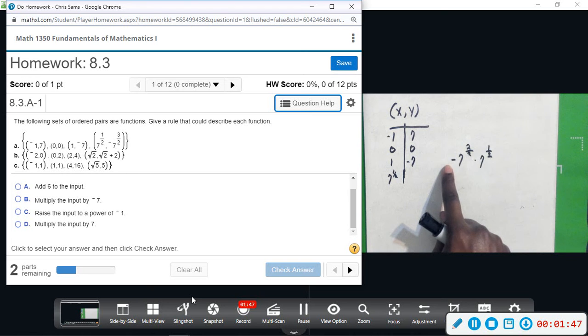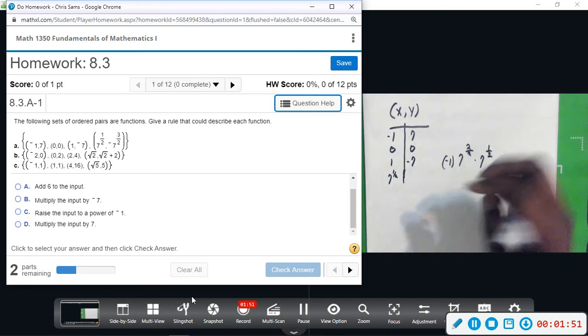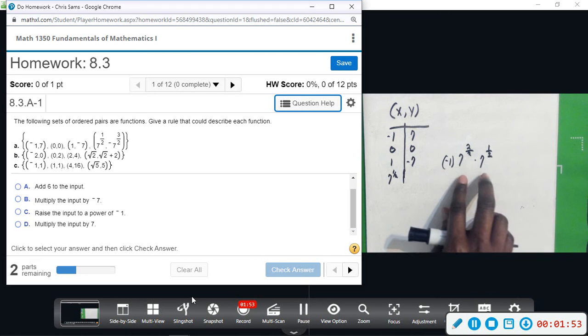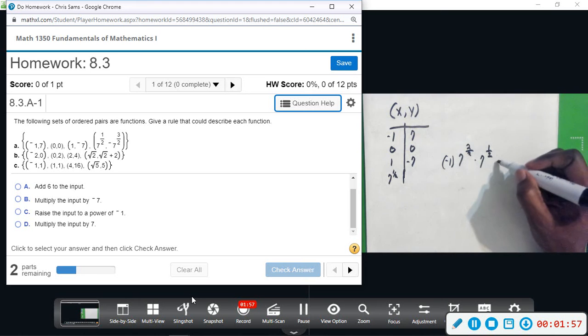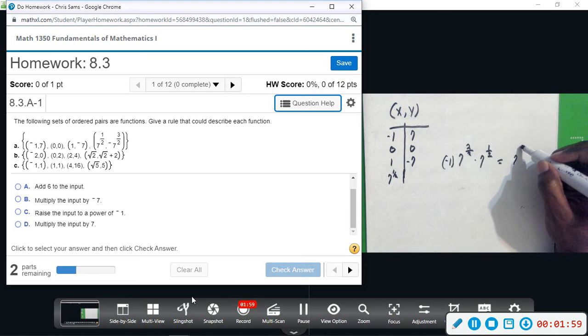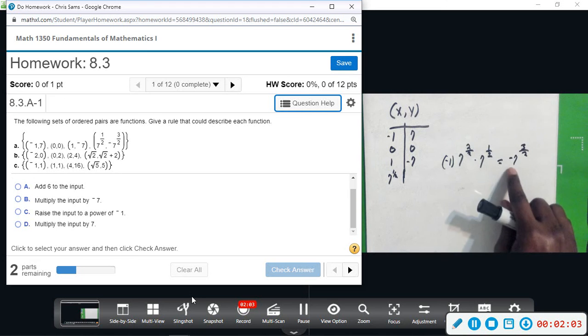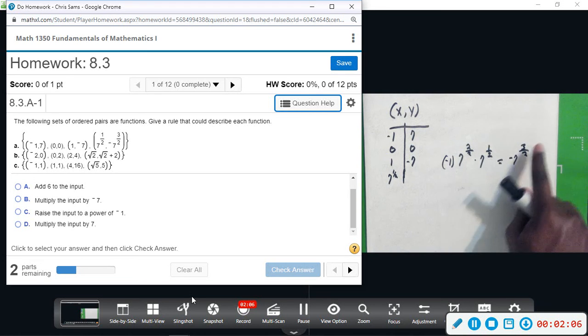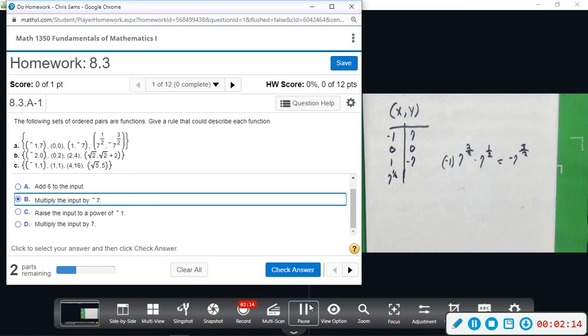Multiplying by -7, I'm going to look at this as -1 times -7, because that's the same thing. That will allow me to add the 2 exponents, and that will give us a 7 to the 3/2, and then that -1 would just multiply by that. So you get -7 to the 3/2. So B is going to be the one that matches the rule for this function.